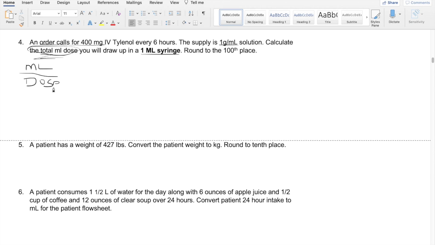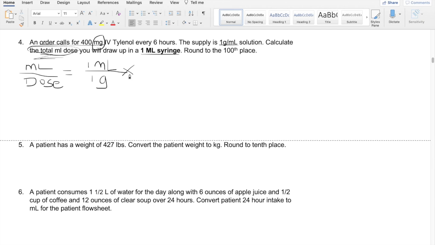Just remember that this is always going to be our reference. So now we're going to look for the milliliter in the word problem, which is going to be 1 milliliter per gram, which is 1 gram. So as you notice, we cannot cross out the 400 milligrams because we have 1 gram, right?